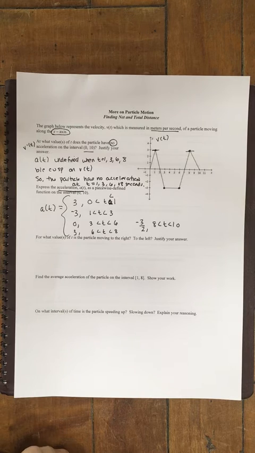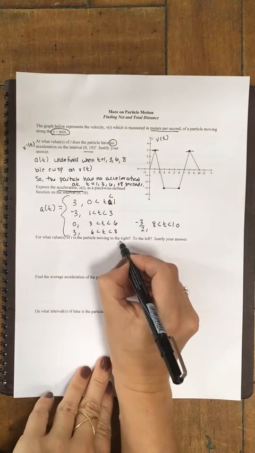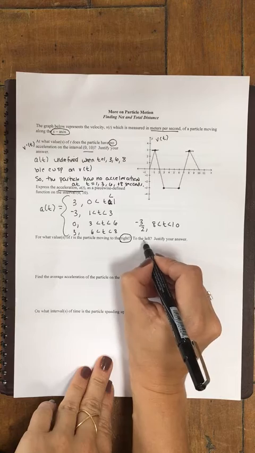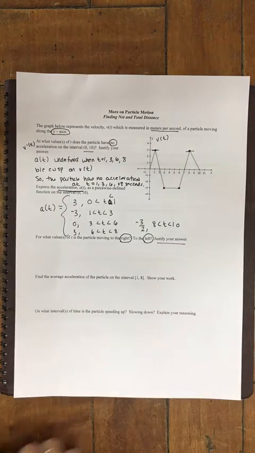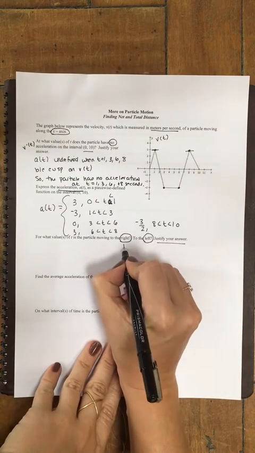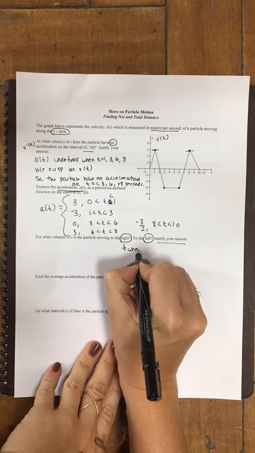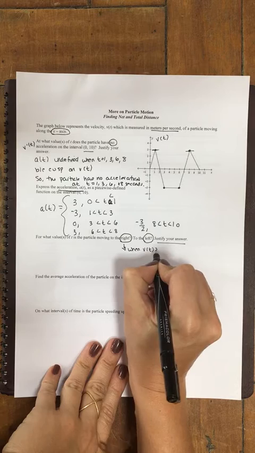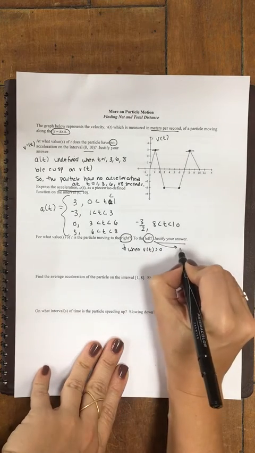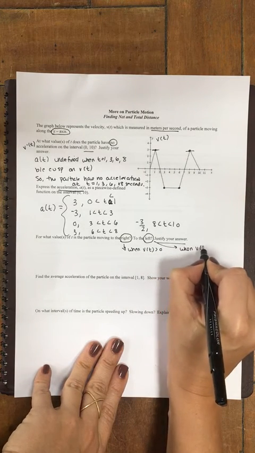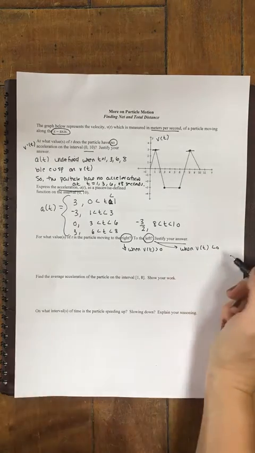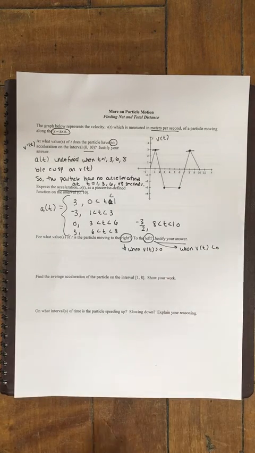For what values of t is the particle moving to the right, to the left? Justify. It's moving to the right when velocity is positive. Left, we said this in the last video, when velocity is negative.